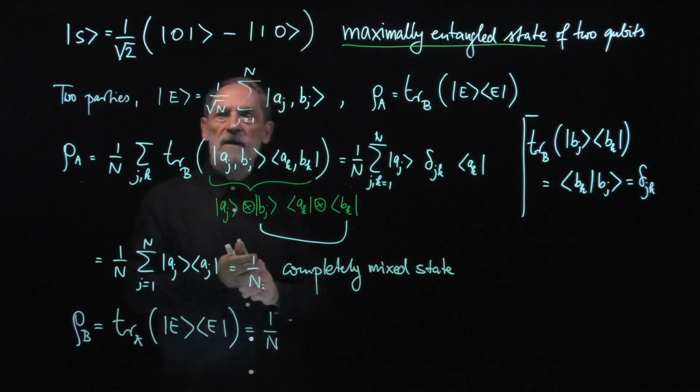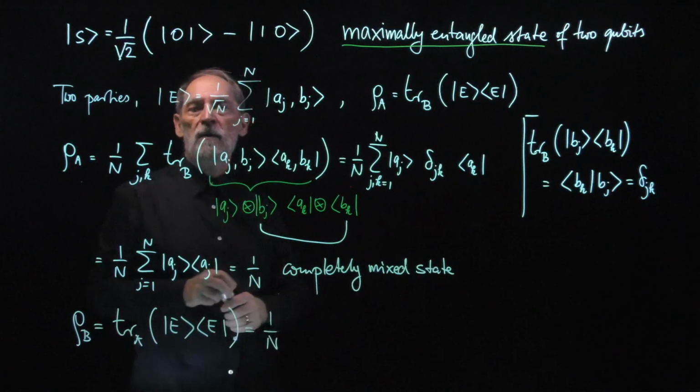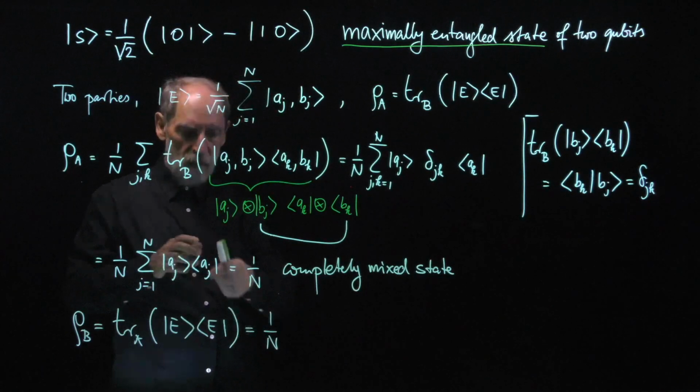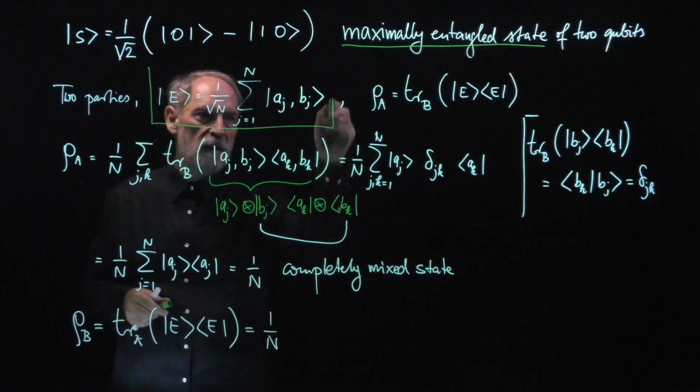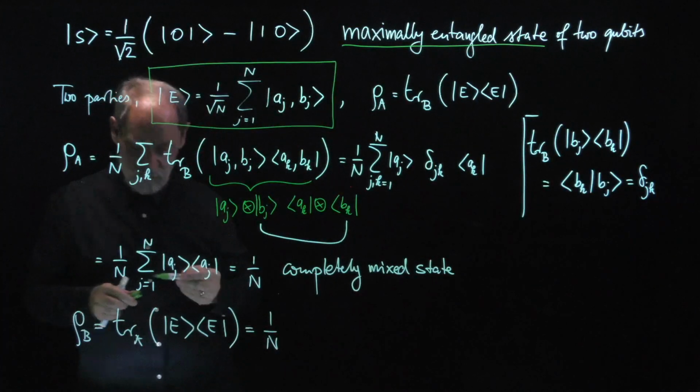Now, we have seen this example for just 2 qubits before, but in the more general situation, the structure of a maximally entangled state is like this.